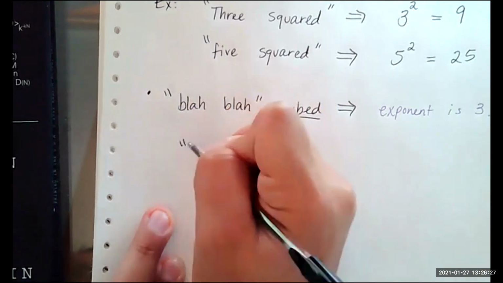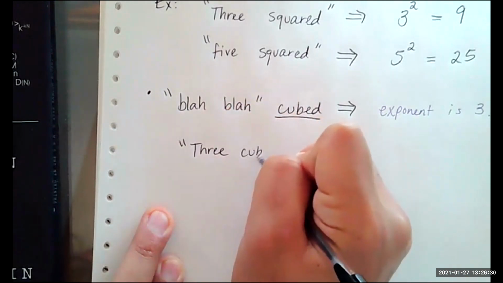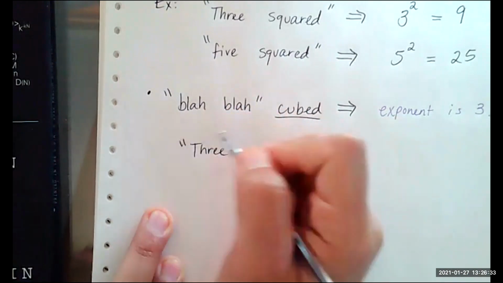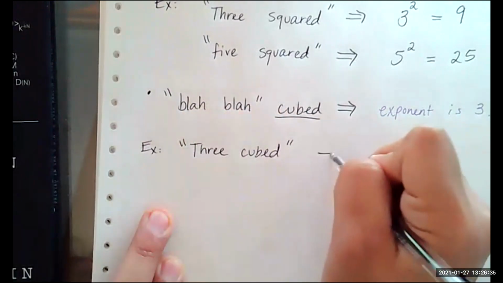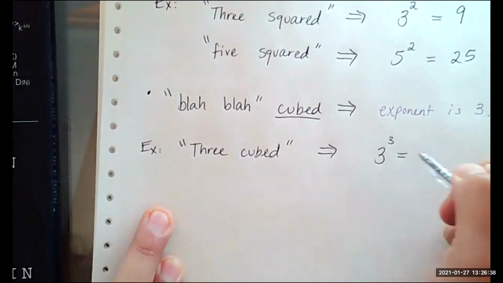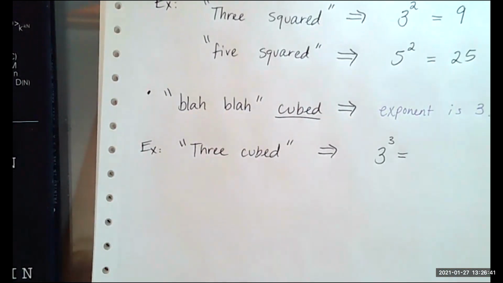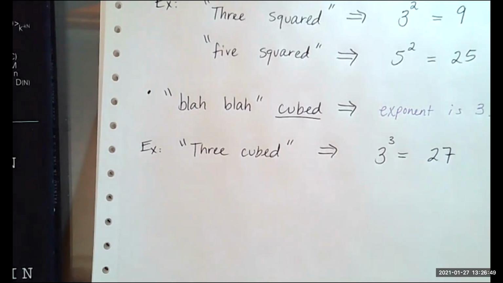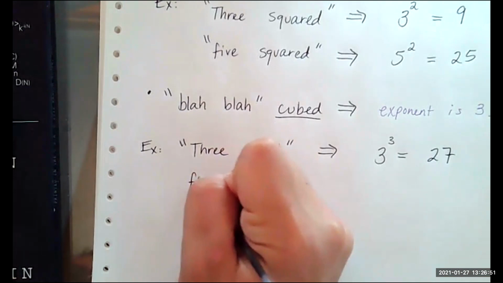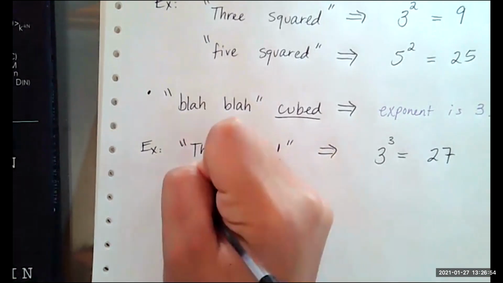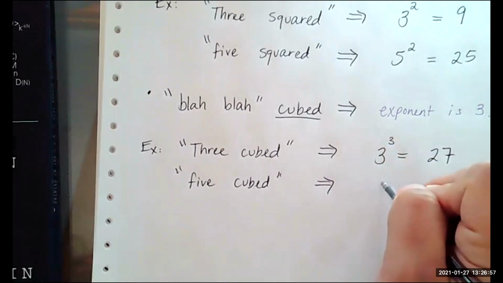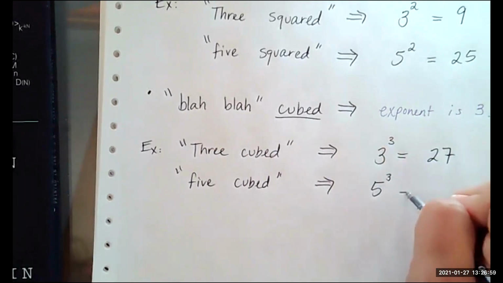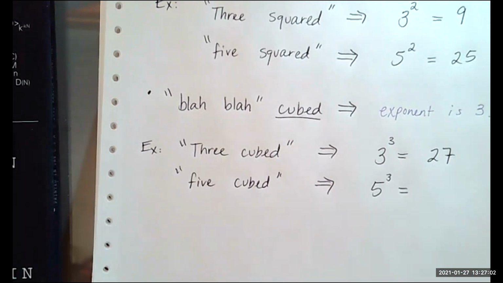So if I say 3 cubed, that's the same thing as 3 to the third power, which would be 3 times 3 times 3, and that would be 27. If I said 5 cubed, that would be 5 to the third power, which is 5 times 5 times 5, which should be 125.